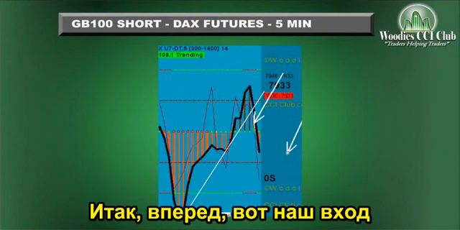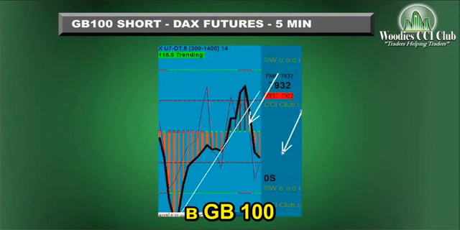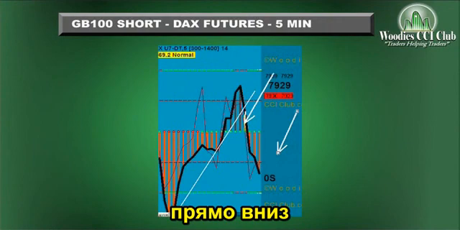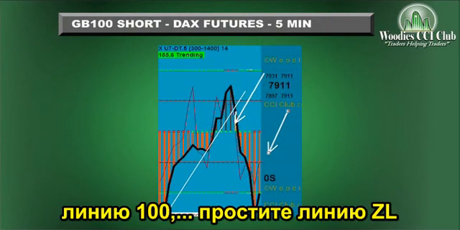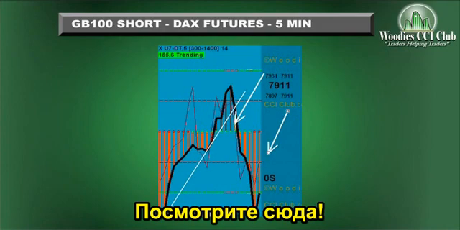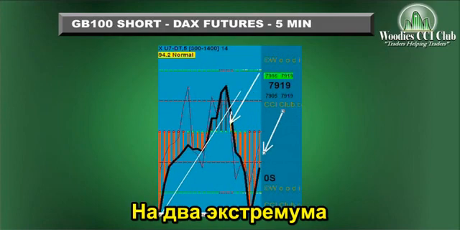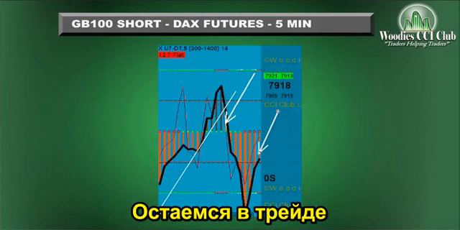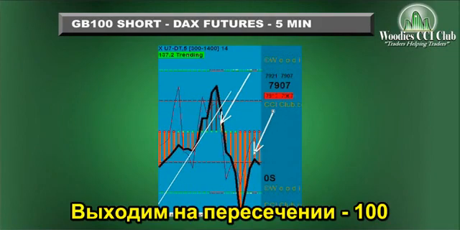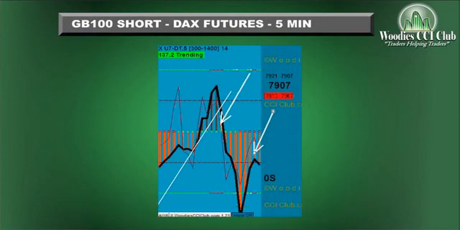This is our entry into the GB100. Straight down, nice perpendicular line, breaking major support of the 0 line. Look at that, down to extremes. Hook from extremes. Stay with the trade, get out, crossing the minus 100 in this case.